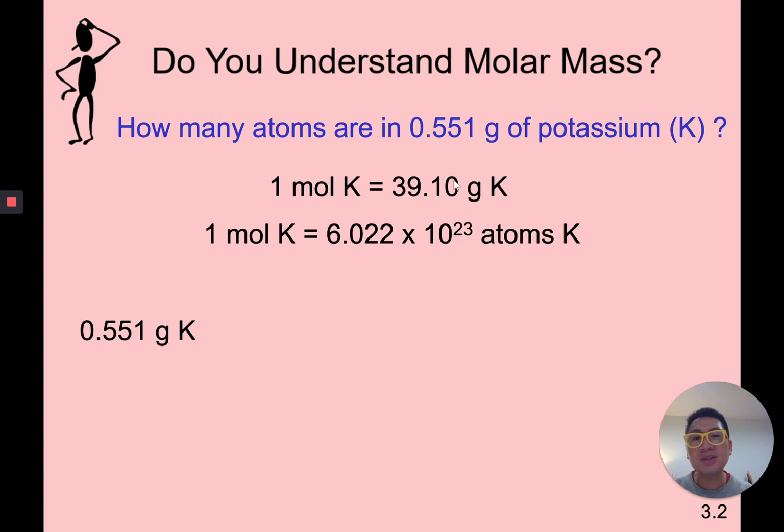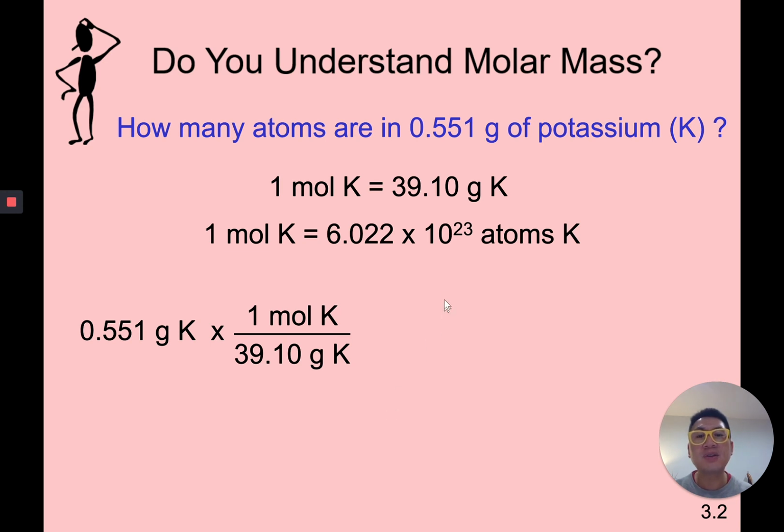The first one I'm going to do is this one here. Change grams into moles. Notice I'm given grams, right here, 0.551 grams. I want to change grams to moles. Multiply this by the conversion factor. I put grams on the bottom. 39 grams is 1 mole of potassium.